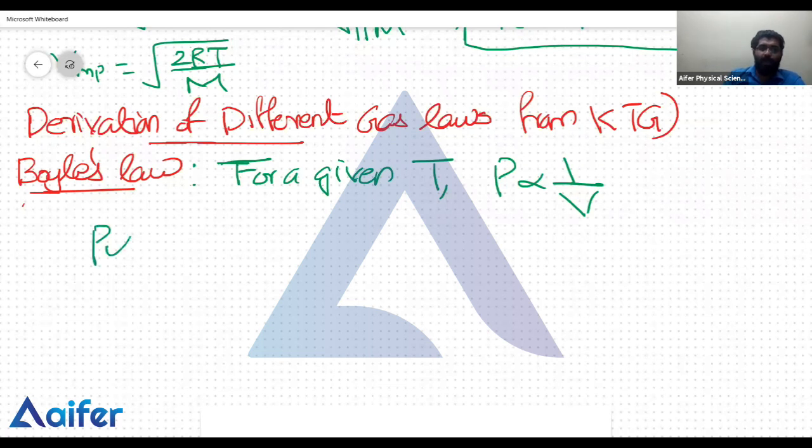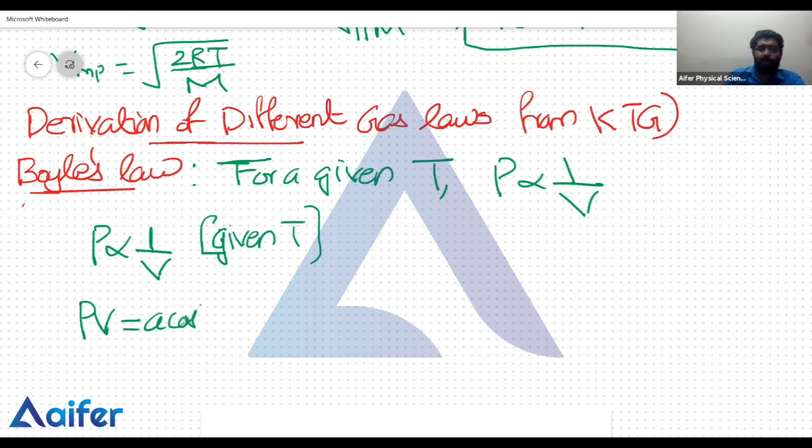So I could write P is proportional to 1 by V for a given T, and I can write PV equal to a constant. This is the definition which we already know from the high school classes.